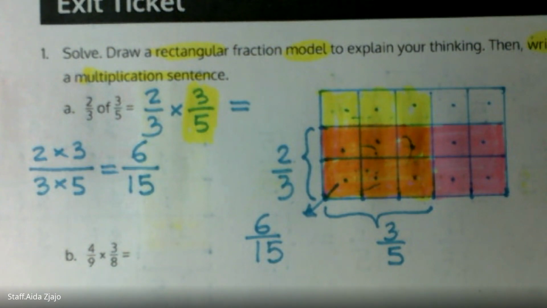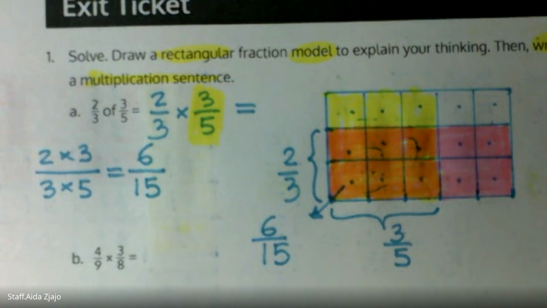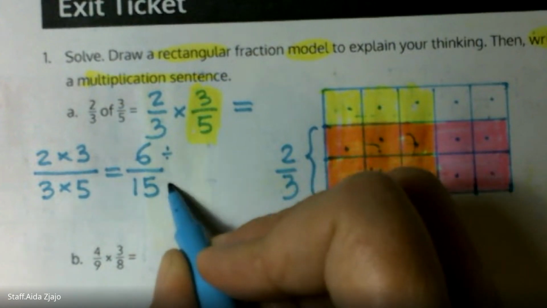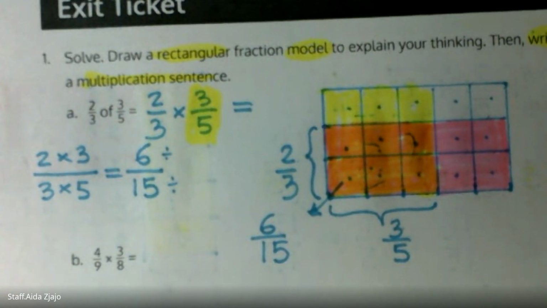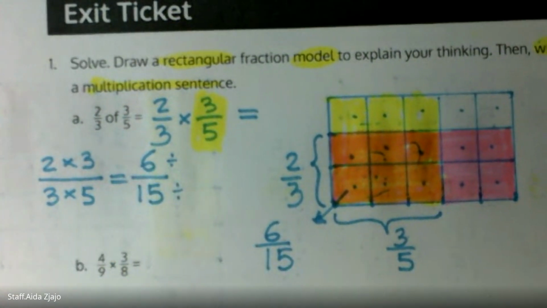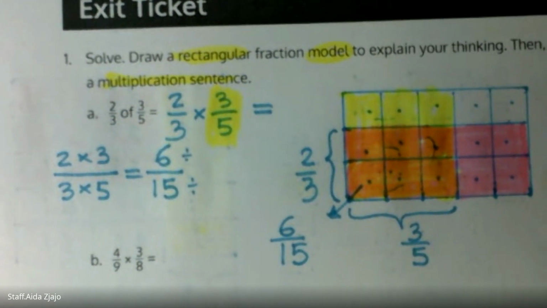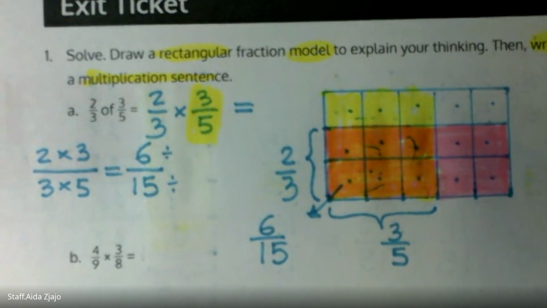But then they say, show your answer in simplest form. If you say the simplest form, you have to find a number that is divisible by both in order to make the simplest form. So thinking about the factors of 6 and 15, I can find their greatest common factor.